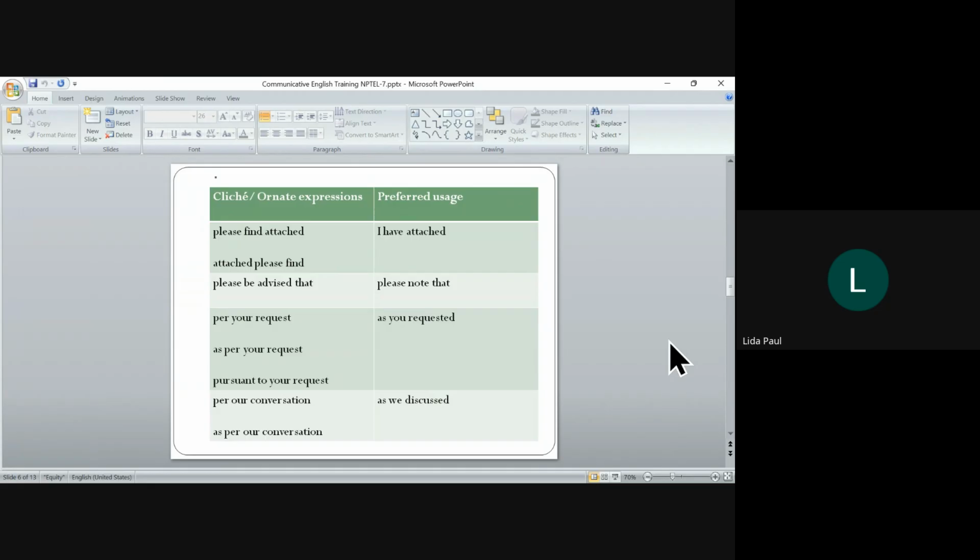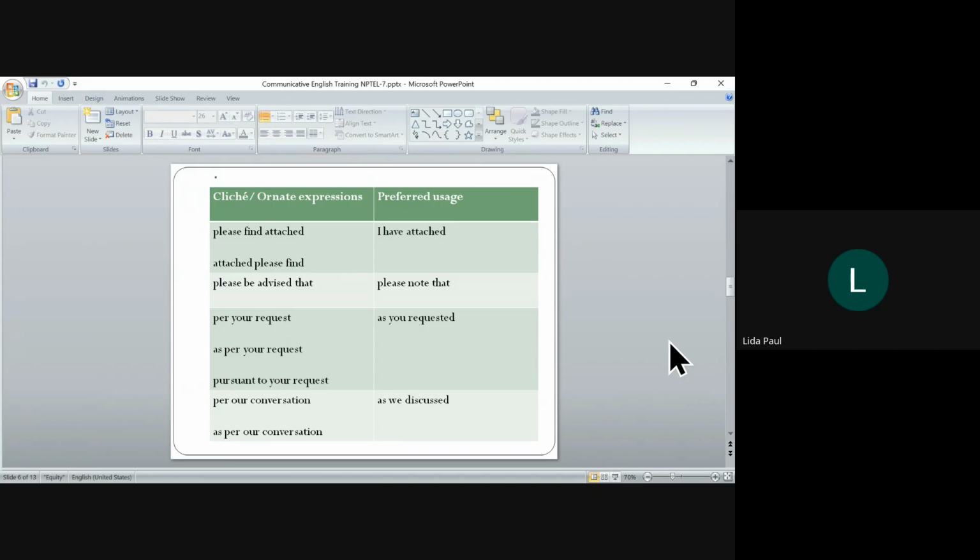Or, even if you come to the email context, there are these expressions which people use all the time. Please find attached, okay? Attached, please find. Please be advised that, pursuant to your request. Instead of saying please find attached, the right and formal way of writing that would be, I have attached so and so along with the email.